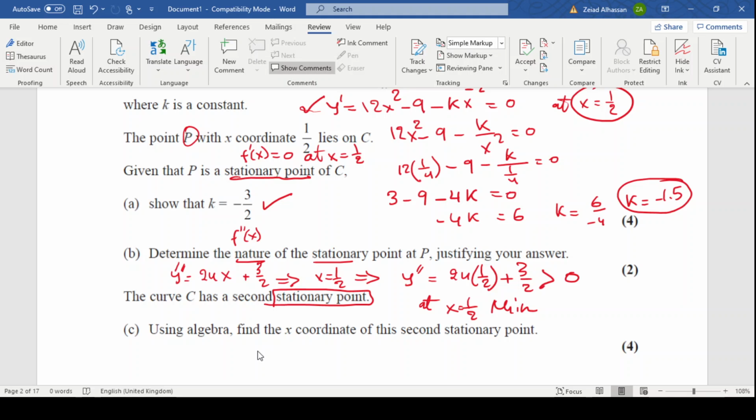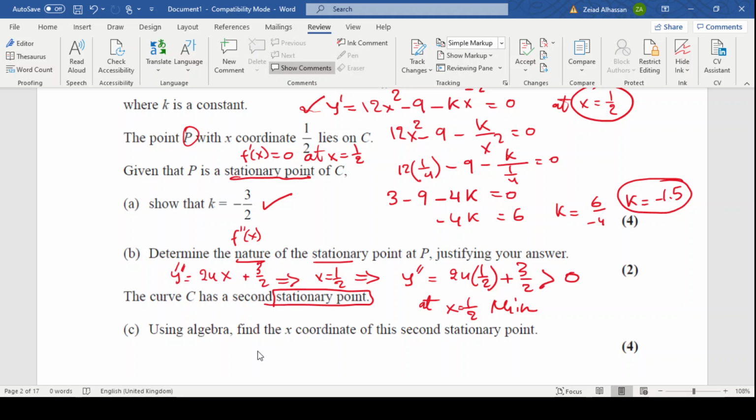Now that first differentiation, to find the stationary point, we will set first differentiation equal to 0. So that's 12x squared minus 9 plus 3 over 2x squared is equal to 0. Now let's get rid of that x squared, so let's multiply everything by 2x squared.